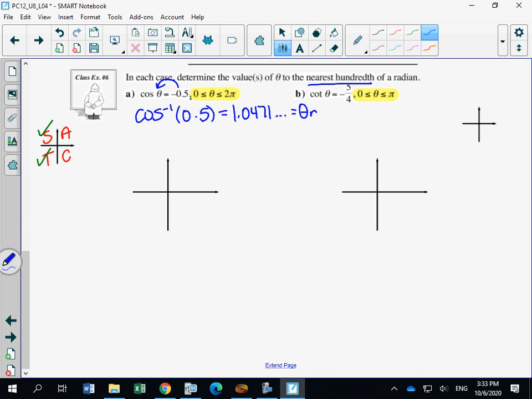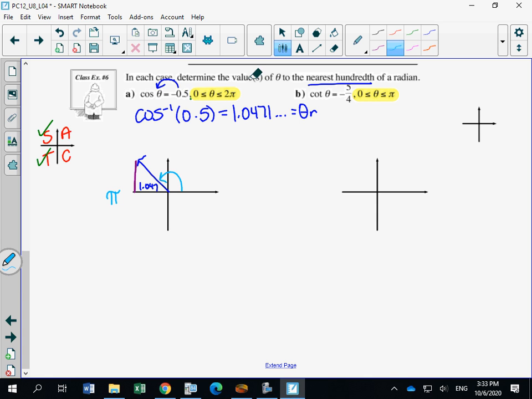Now, just like we did in part 1, I have to put this reference angle in quadrant 2 and then in quadrant 3, and calculate the rotational angle. In quadrant 2, if I put a reference angle of 1.047, that's the reference angle there, and the triangle that is made is right here. They want the rotational angle. Now you just have to say to yourself, okay, we're working in radians, so this is pi.